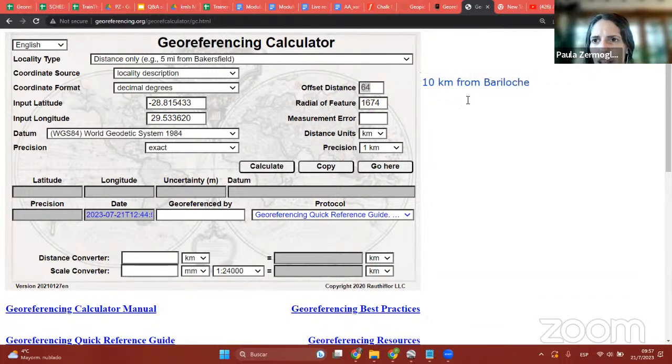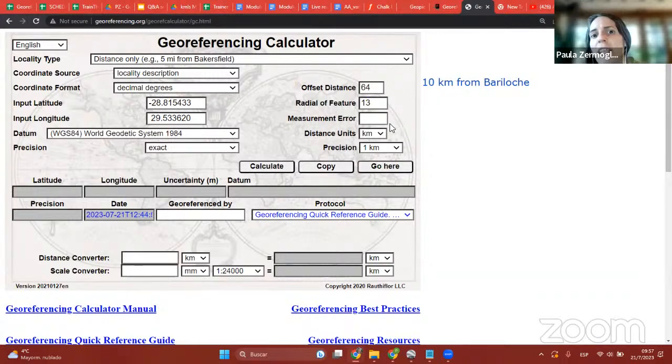The description is already giving me the unit. So this is the unit that I have to use, because that's the unit that is given. When I determine where Bariloche is, I draw the polygon, I get the radial, etc., I will have to put that radial in kilometers, which is 4 kilometers, right? But they always have to be consistent in the unit.